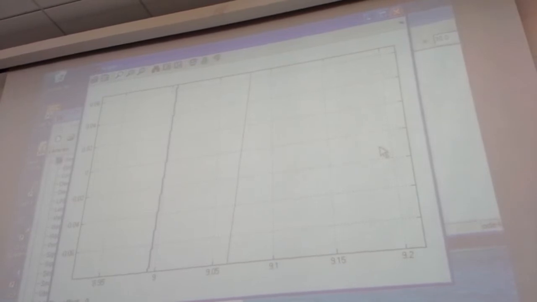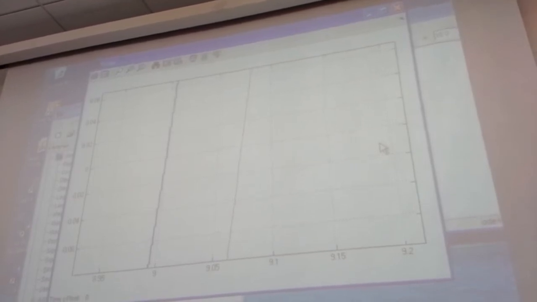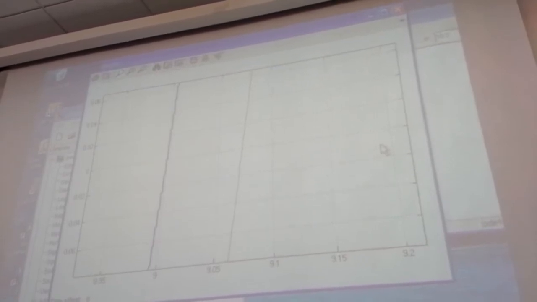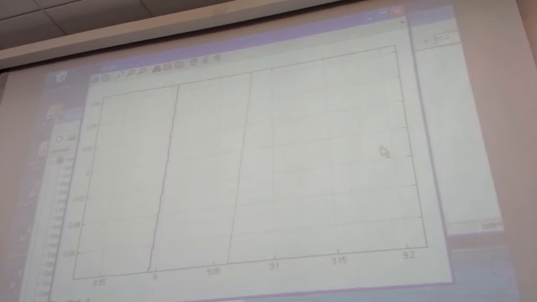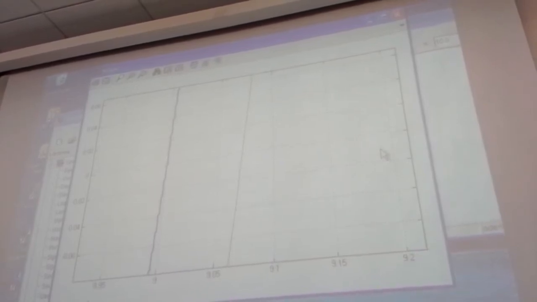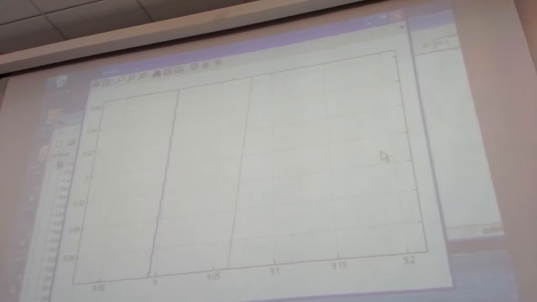It should be 2 pi TD divided by T0, which will be 2 pi times frequency times TD. You're going to see this one later. That's how you calculate.